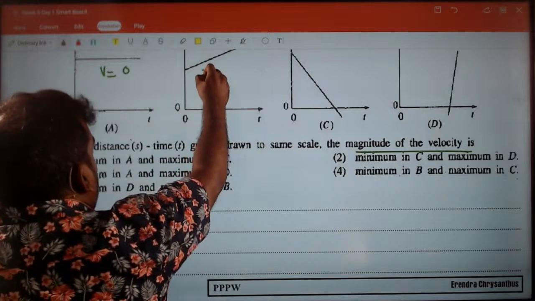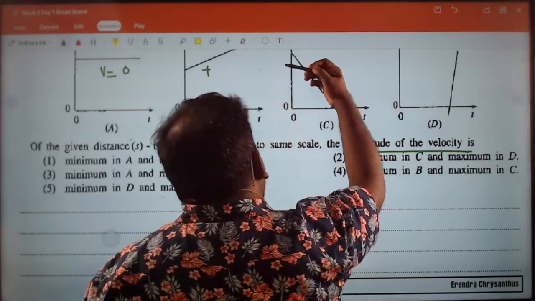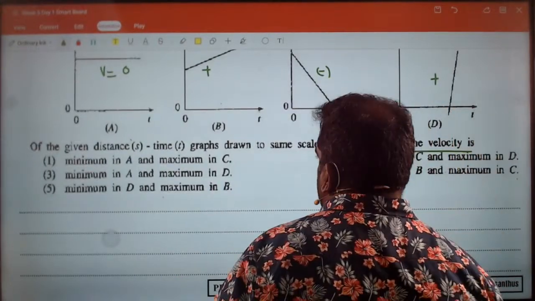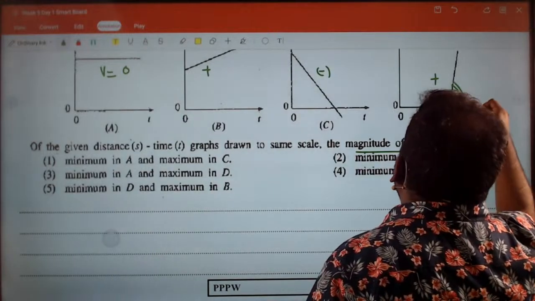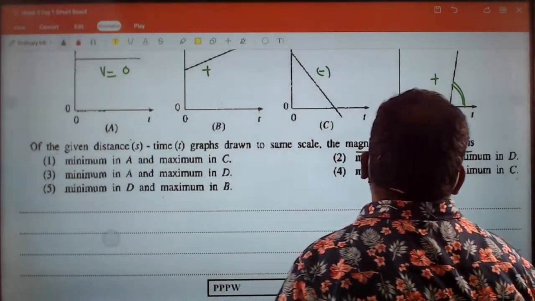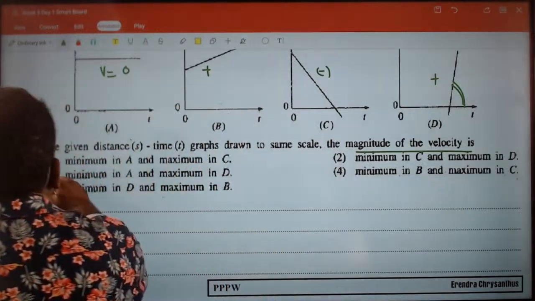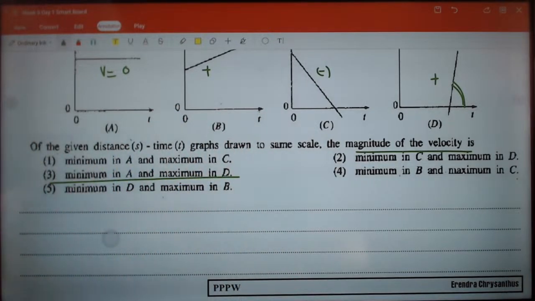Positive gradient, positive velocity. Negative gradient, negative velocity, means going backwards. Here also positive gradient, positive velocity. But which has the bigger gradient? This has the bigger gradient. So maximum is at D, minimum is at A. So your answer is answer number 3.